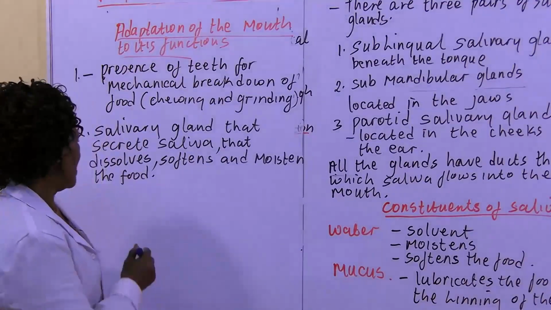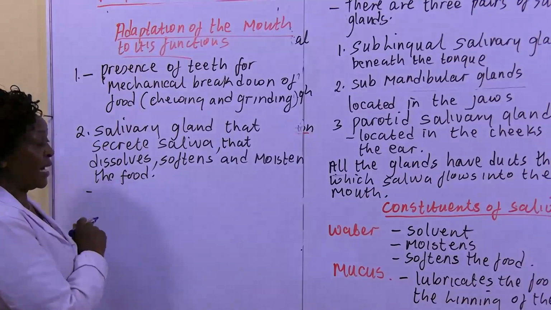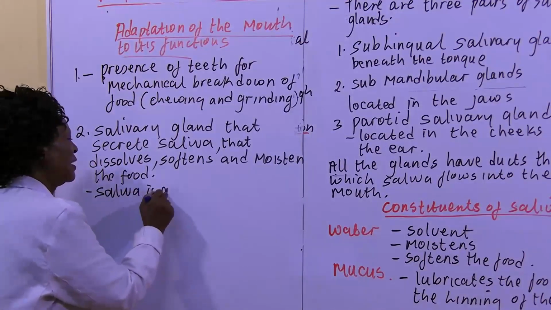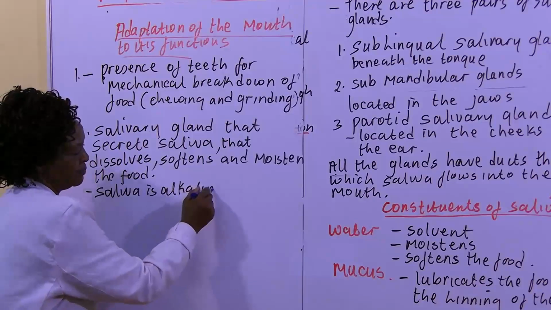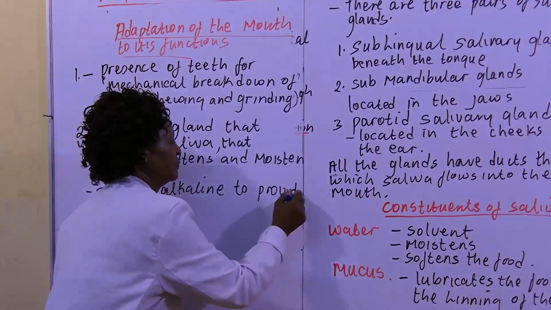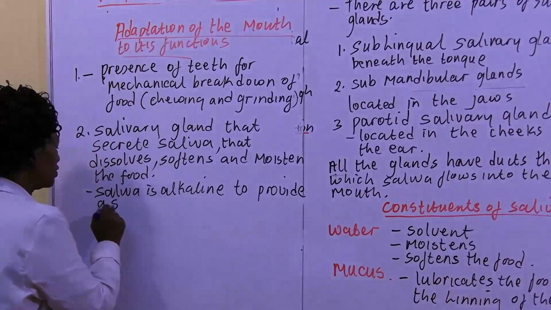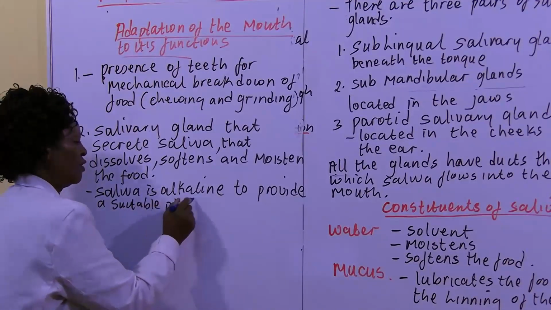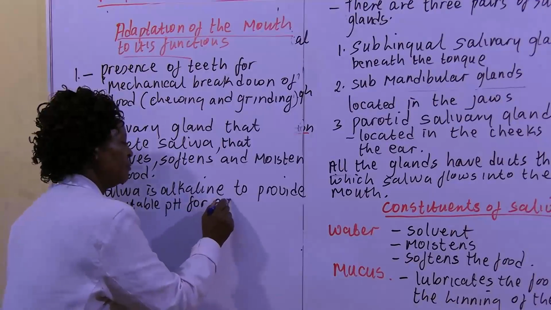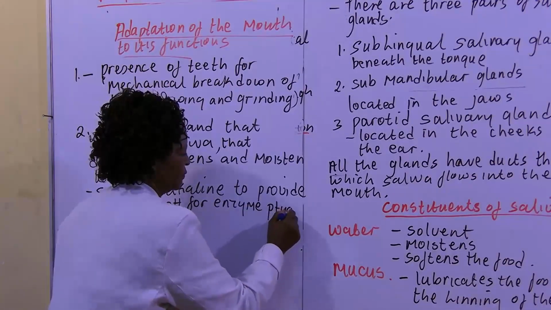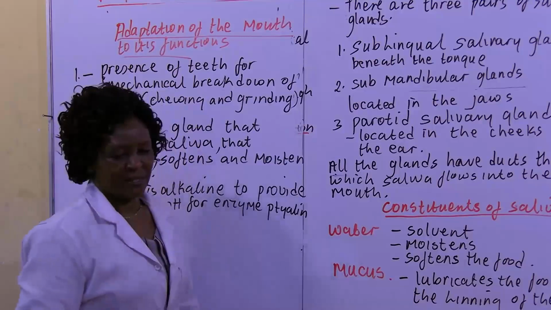Then saliva is also alkaline, to provide a suitable pH for the enzyme thiolate. That is the second adaptation.